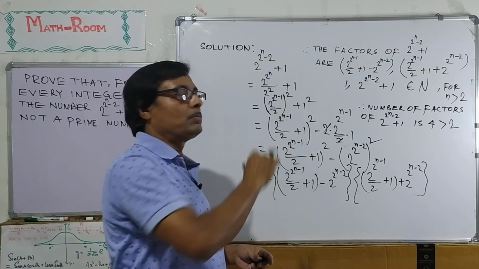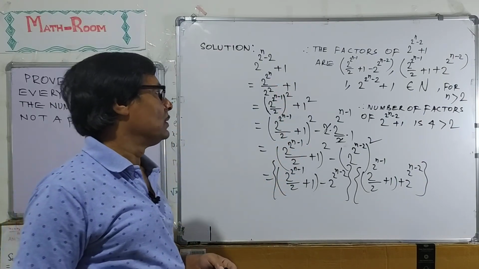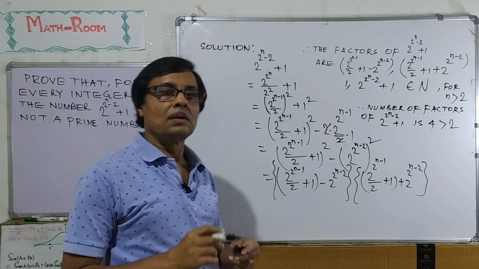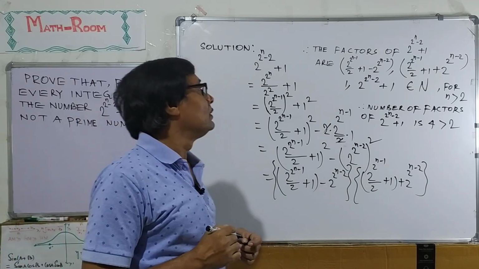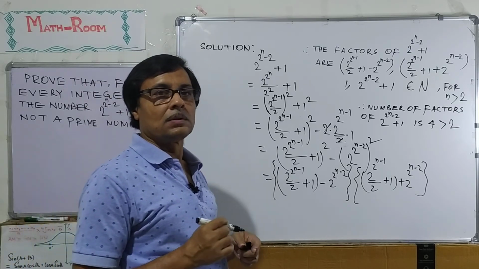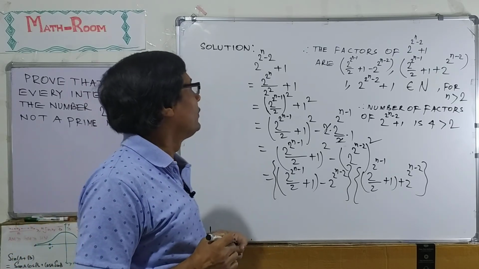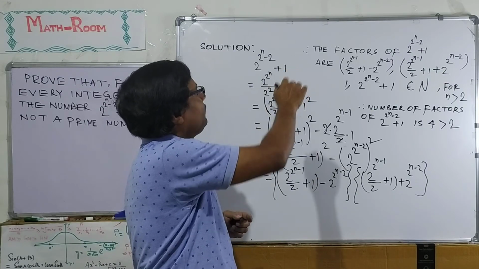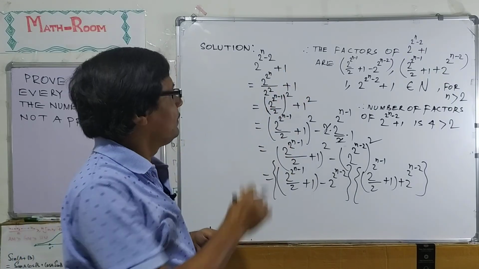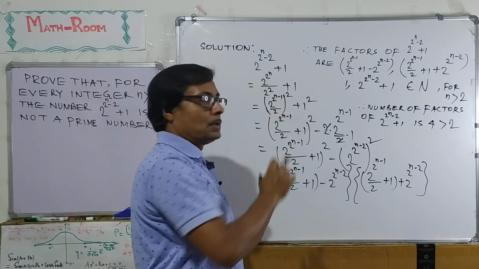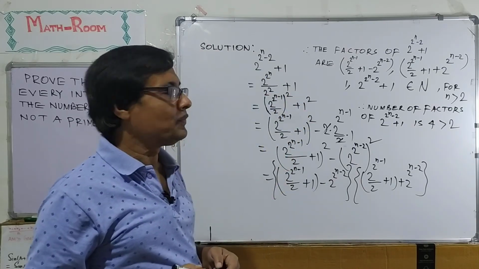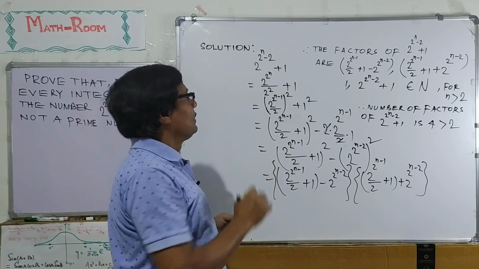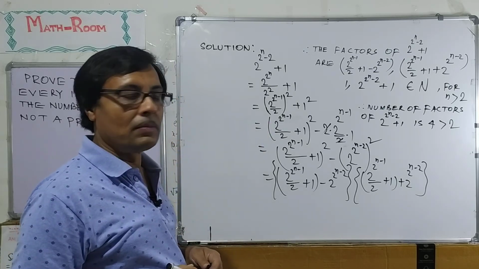So, this number is not a prime number. If the number of factors is only 2, then the number is a prime number, but here the number of factors of the given number is 4, which is greater than 2. So, we can say the number is not a prime number.